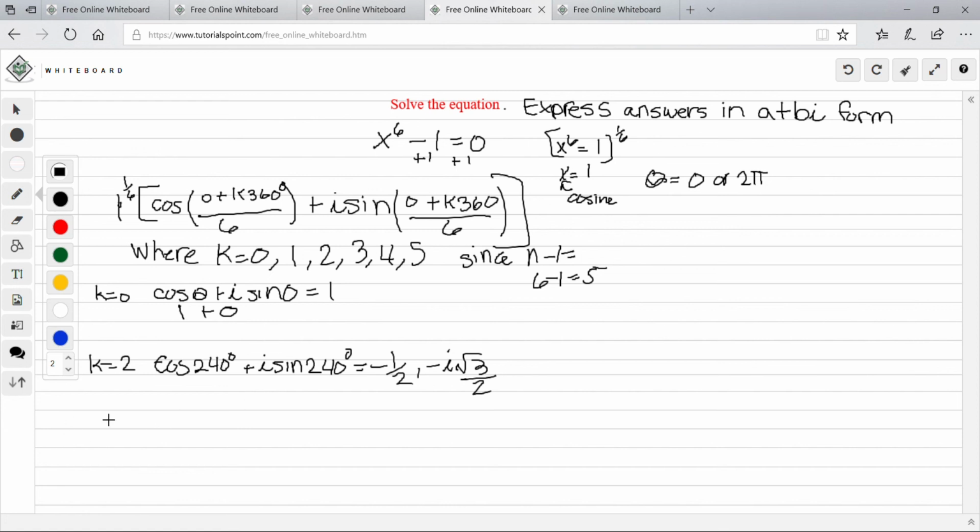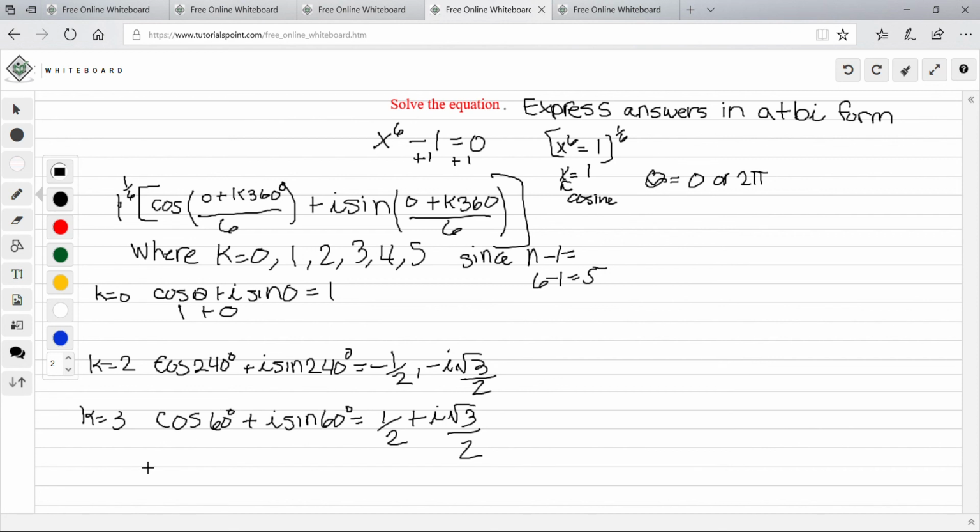And then let's do k equals 3. So that's cosine of 60 degrees plus i sine of 60. So we know that cosine of 60 is 1/2, and then sine of 60 is positive root 3 over 2, plus i root 3 over 2.